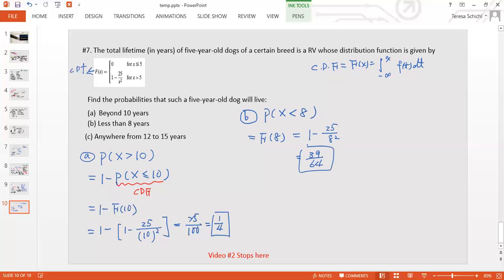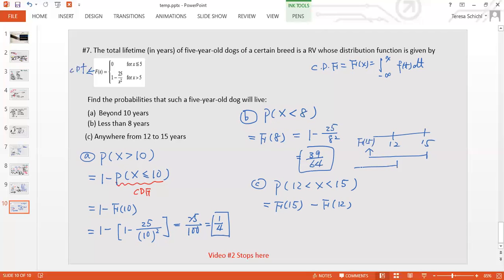Okay, now let's take a look at the last one here. The last one is anywhere from 12 to 15, right? So what you want to do is from 12 to 15. So this will be equal to F of 15 minus F of 12, right? Because if this is 12 and this is 15, F of 15 is you add everything up to here, and F of 12 is you add everything up to here.